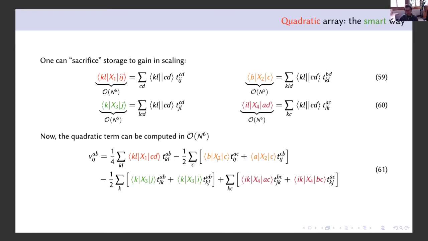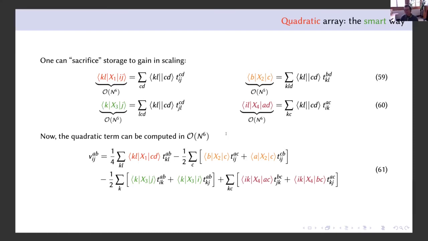This one is n to the 5, this one is n to the 5, and those two are n to the 6. Because the limiting steps are going to be the double summations, it's going to cost me n to the 6.